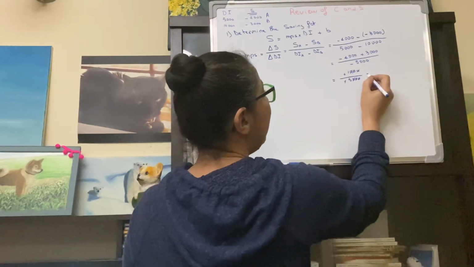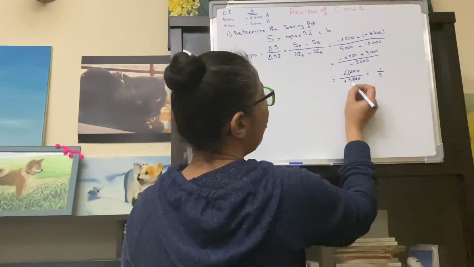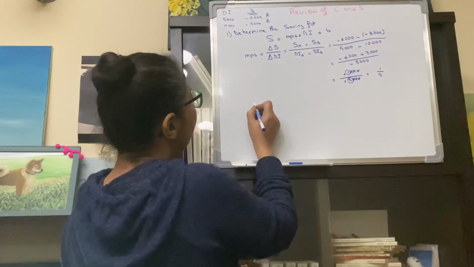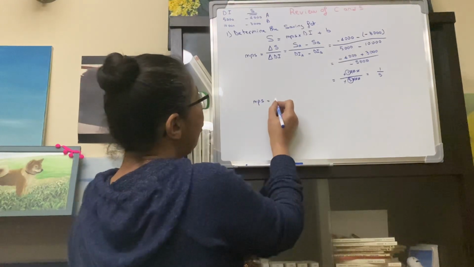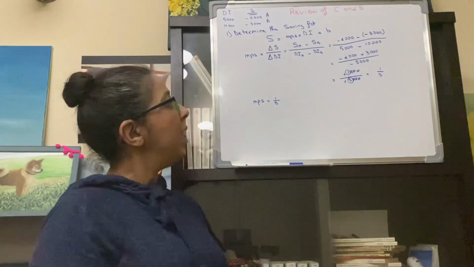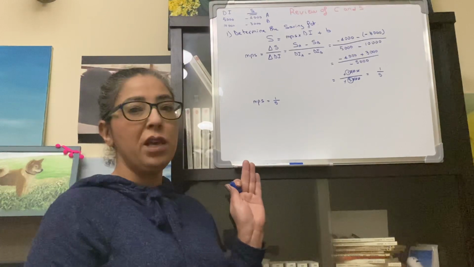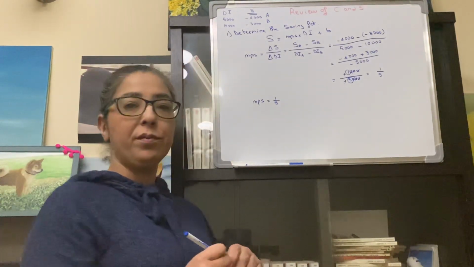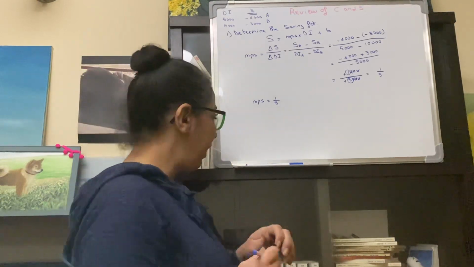And now it's going to give me 1 over 5. That's what I have left. Okay? So MPS is equal to 1 over 5. Pause the video to take notes, and I'm moving on. You have it? I'm moving on.